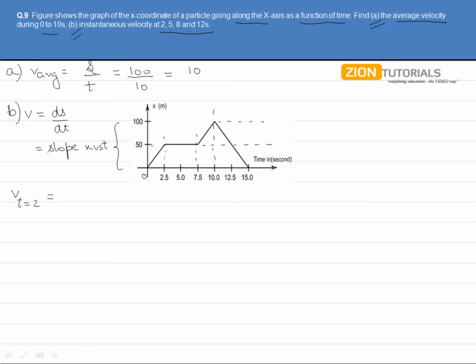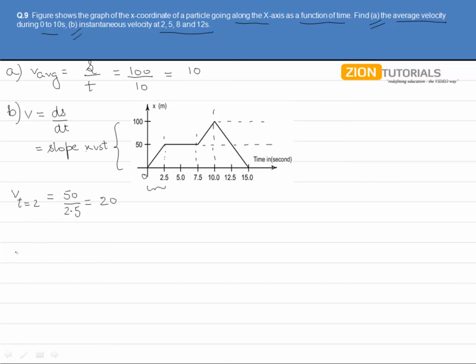Now we can see that at t equal to 2 seconds, the particle is following this curve. So we need to find the slope of this straight line. So let us do the same. This comes out to be height, which is 50, upon this base, which is 2.5 for this line, giving us 20 meters per second.